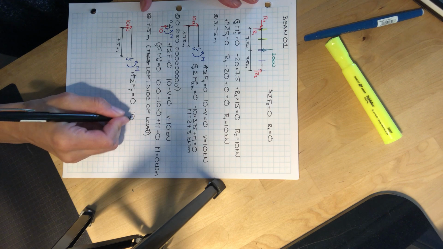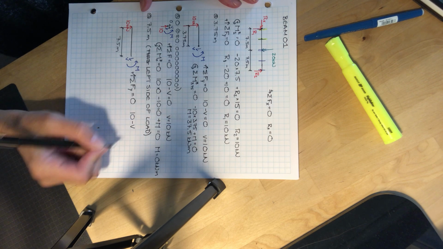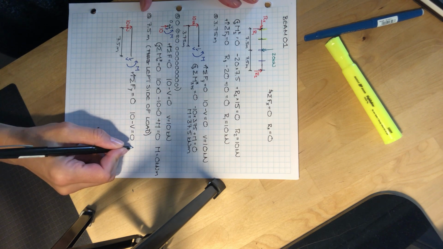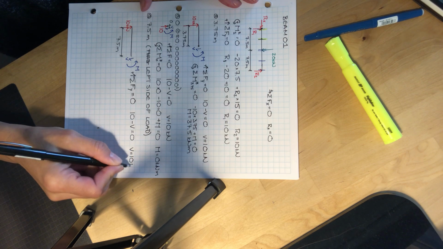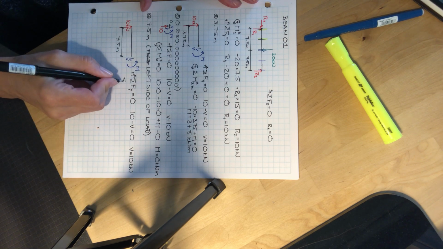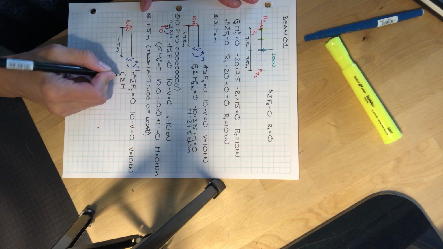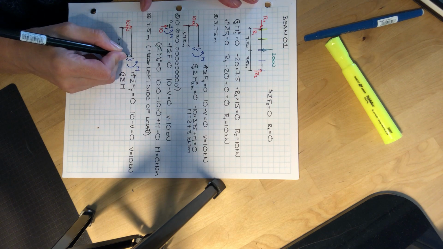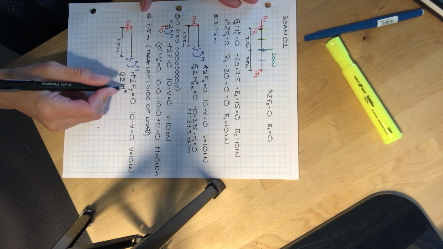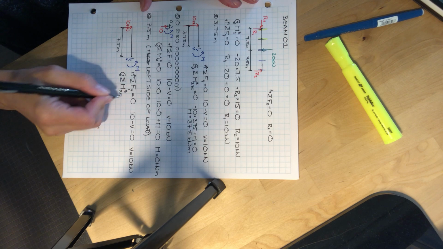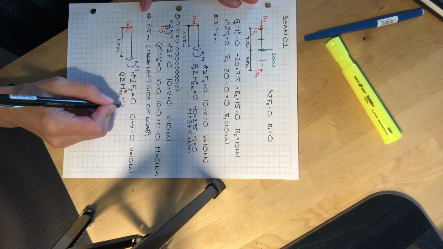We have 10 kilonewtons minus our unknown shear equals 0. V equals 10 kilonewtons. We can sum the moments about our cut here, so about the z-axis at our 7.5 meter mark.